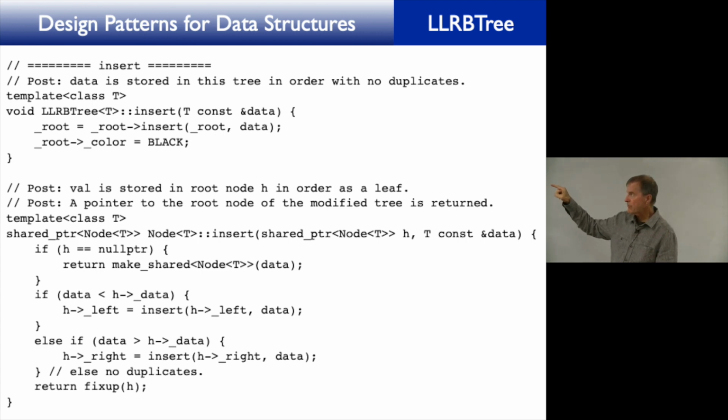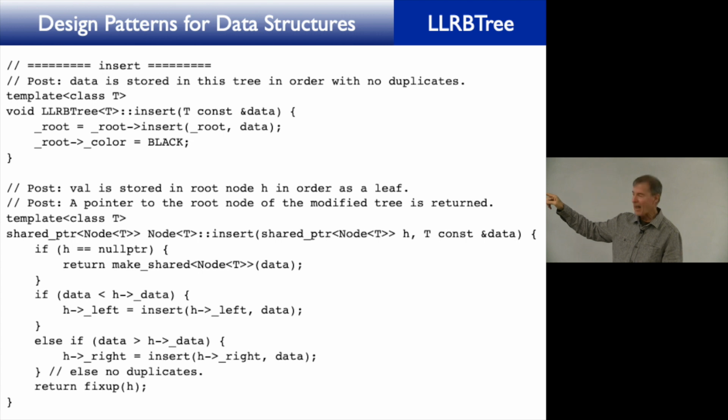So what does the tree version do? It says underscore root gets what? Underscore root arrow insert. So the tree version calls the what? The node version of insert. Now is everybody clear on that? And look at what it does. Underscore root appears 3 times in this statement. First of all, it's underscore root gets.